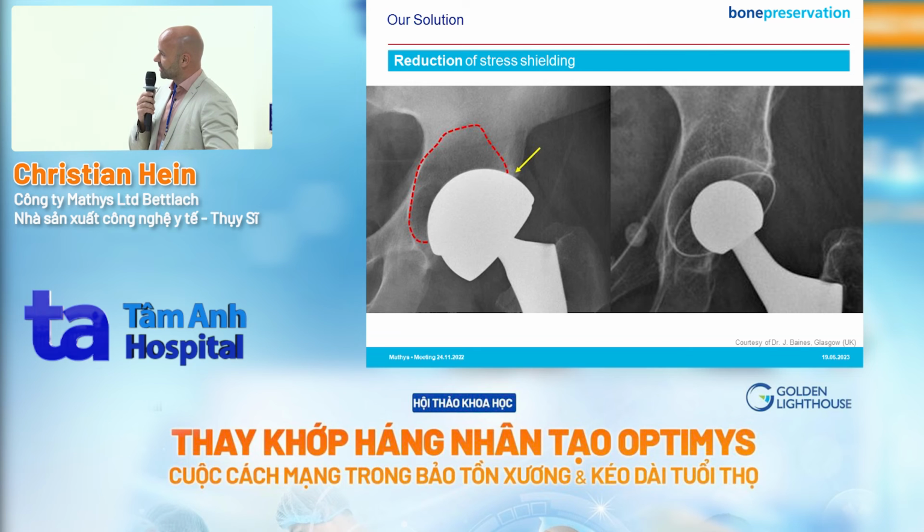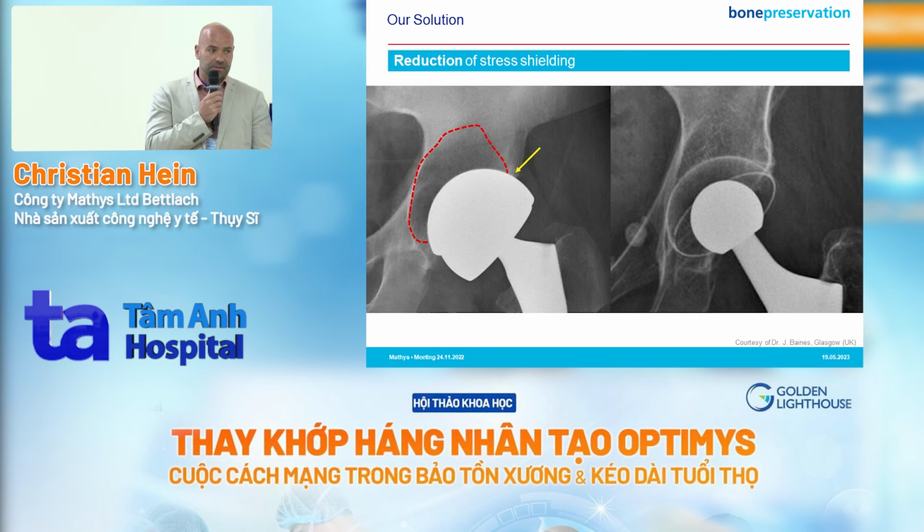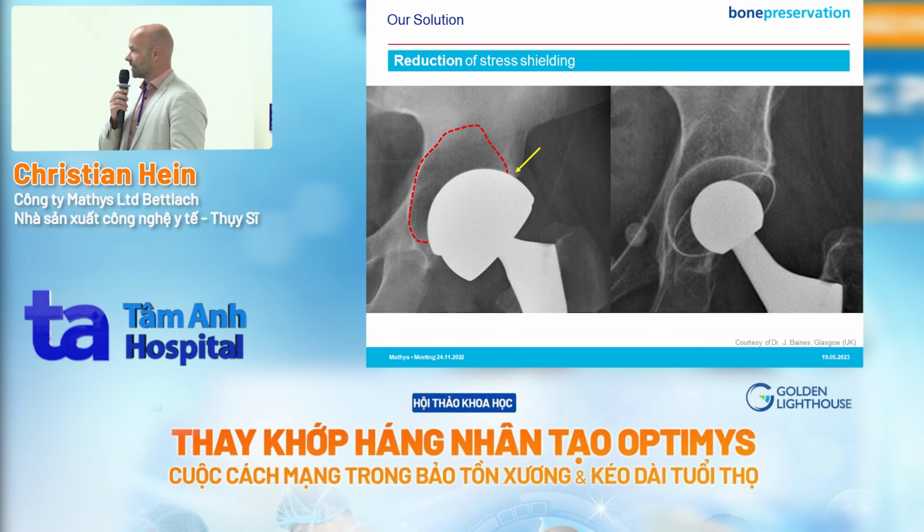What you can see here is this kind of stress shielding. You see an increase of bone density on the acetabular rim, whereas on the pole region, we do have stress shielding quite aggressively. After 1 year, when there was the revision, you could already see that the bone starts to recover and that we can really try to preserve bone in the acetabular area.